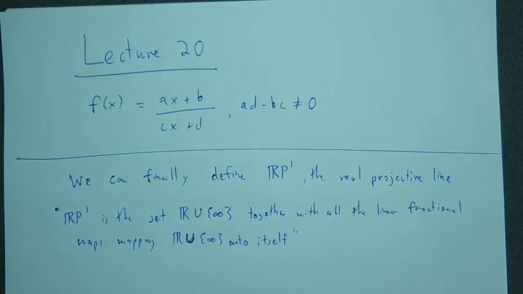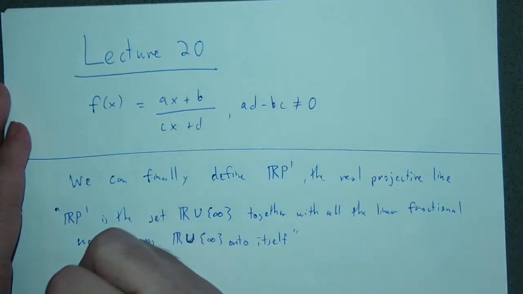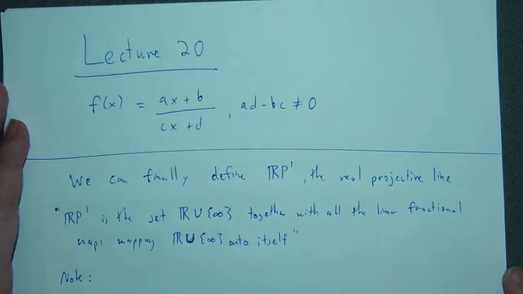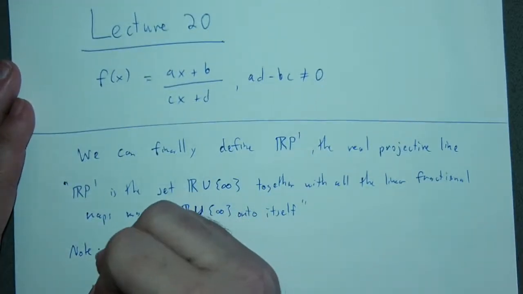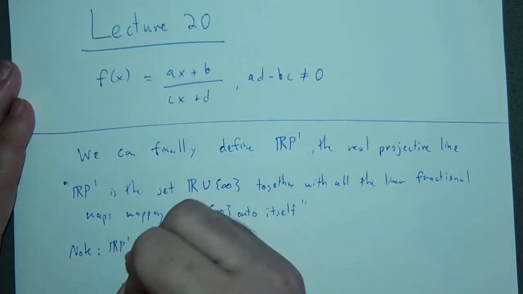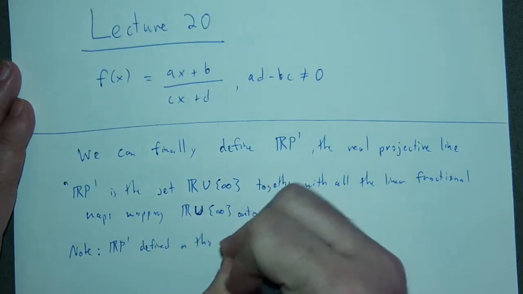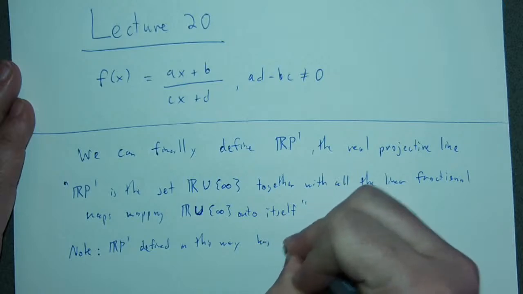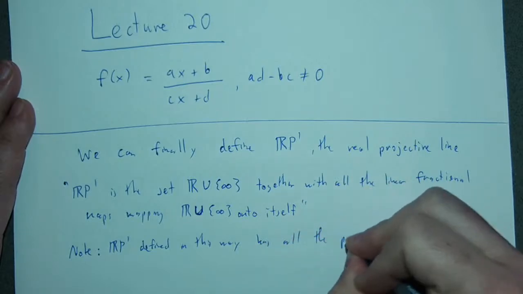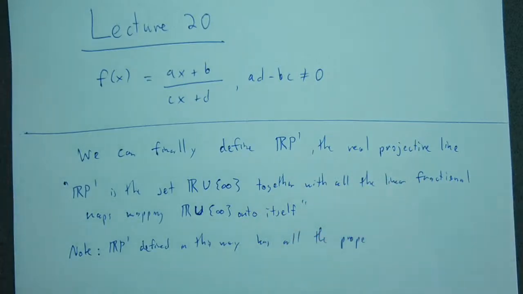Note, RP1 defined in this way has all the properties we expect of what a projective line should be.